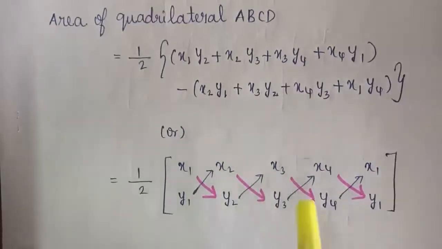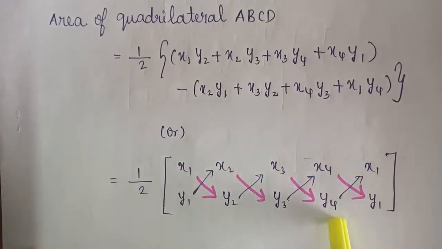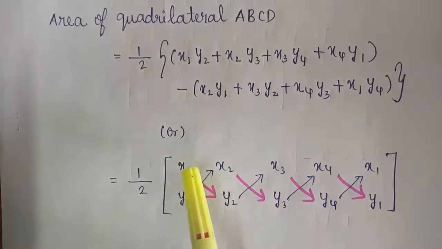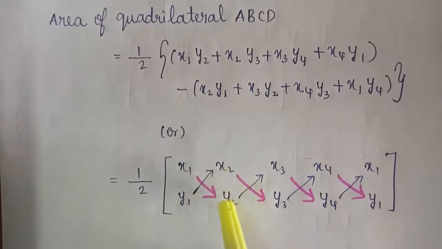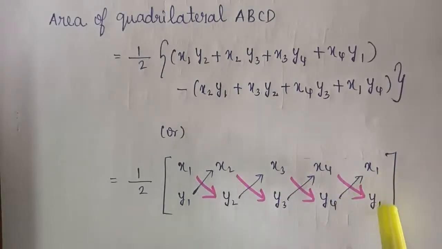use this type also. For the previous formula itself we saw this method for finding the area of a triangle. Similarly, we use the same pictorial method to find the area of a quadrilateral. So it is equal to 1 by 2. We just write the values of x1 y1, x2 y2, x3 y3, x4 y4 and x1 y1.